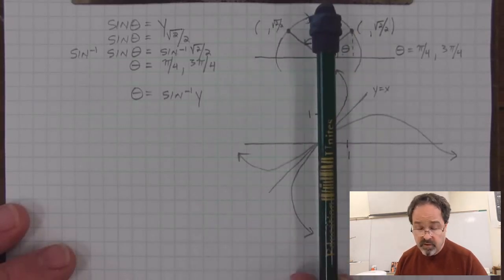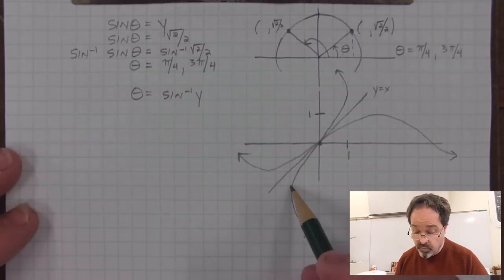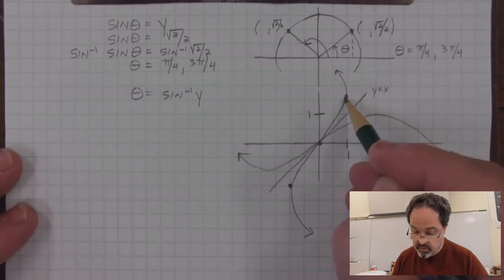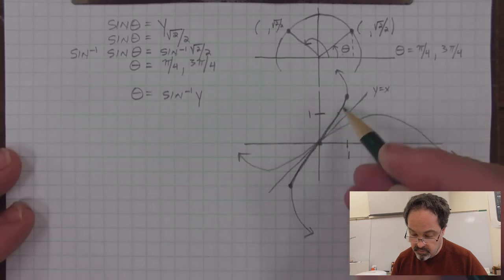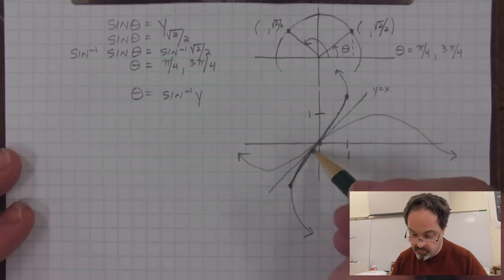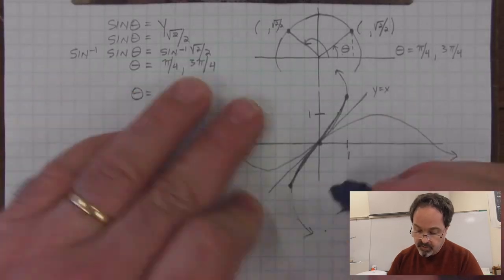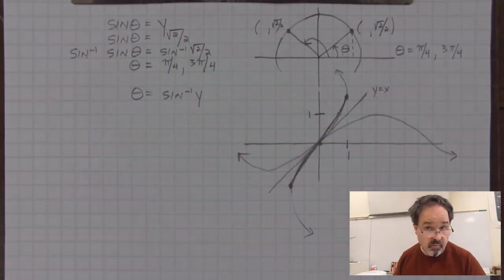To consider the inverse sine to be a function, we have to restrict its range only between these 2 points. It's a curve. And if we restrict the range, then what's left will have one-to-one correspondence.